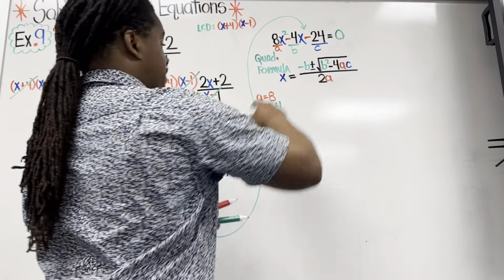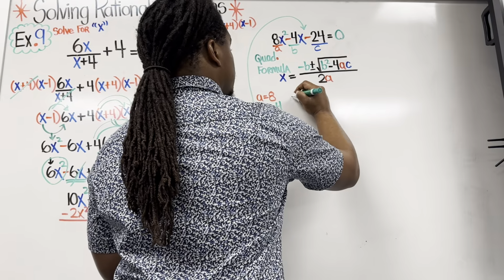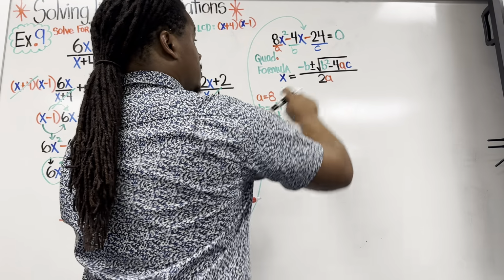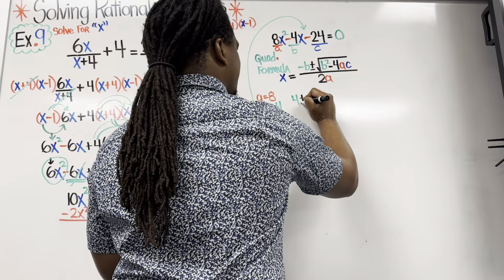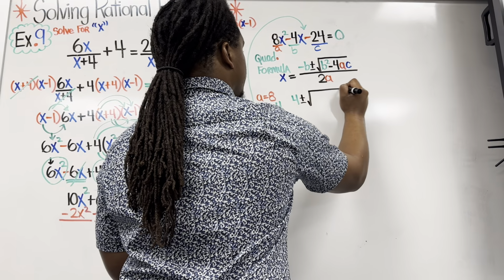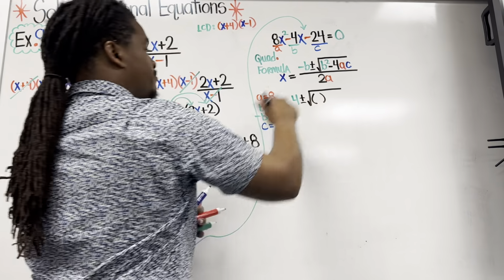So once again, I have negative b, which is 4, plus or minus the square root of b squared.